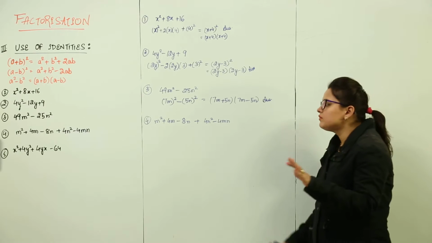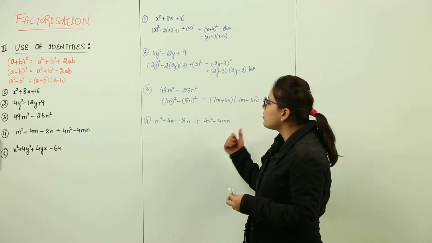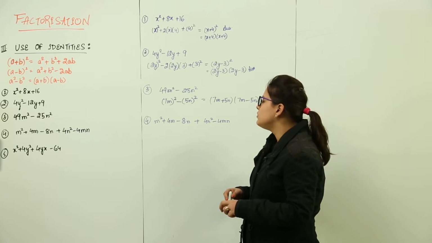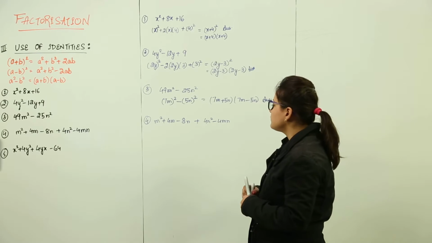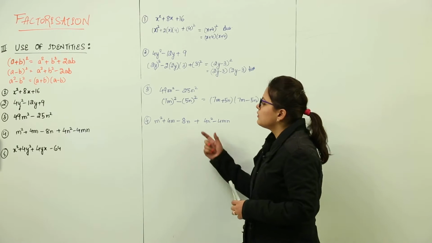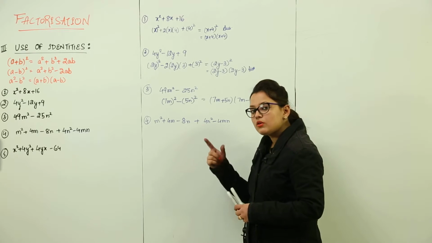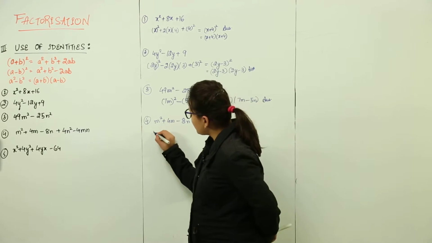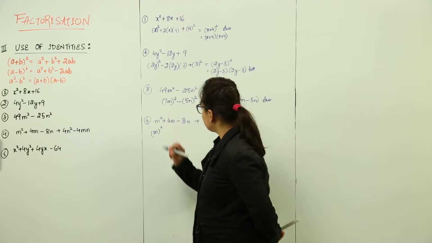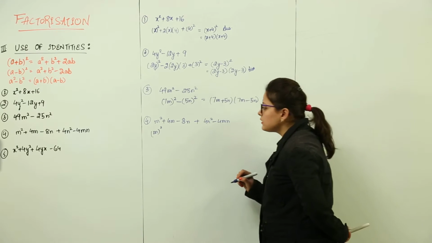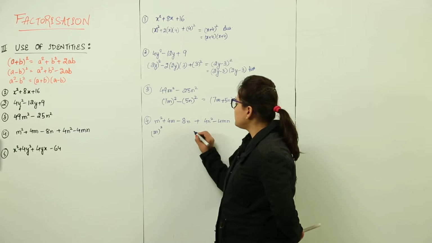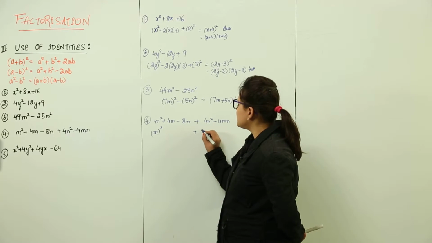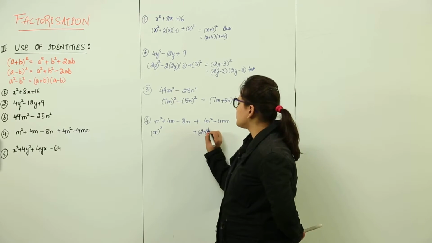Now in these 5 terms you cannot take out anything common because nothing is common. How will you apply the identity now? You have to check by writing the square of the terms possible. See, I can write m square as m whole square, right? What else can I do? I can write 4n square as (2n) whole square.